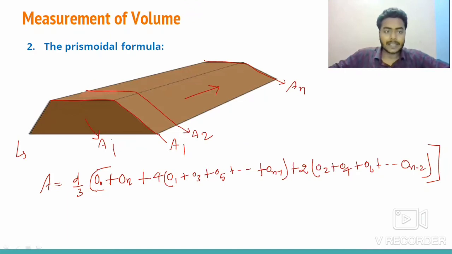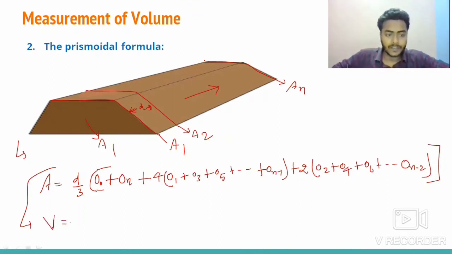Okay, so at a particular cross section, if the ordinates are given at a constant interval like D, you can calculate the area. And if the cross-section area is given at a constant interval D, then using the same pattern we can calculate the volume.